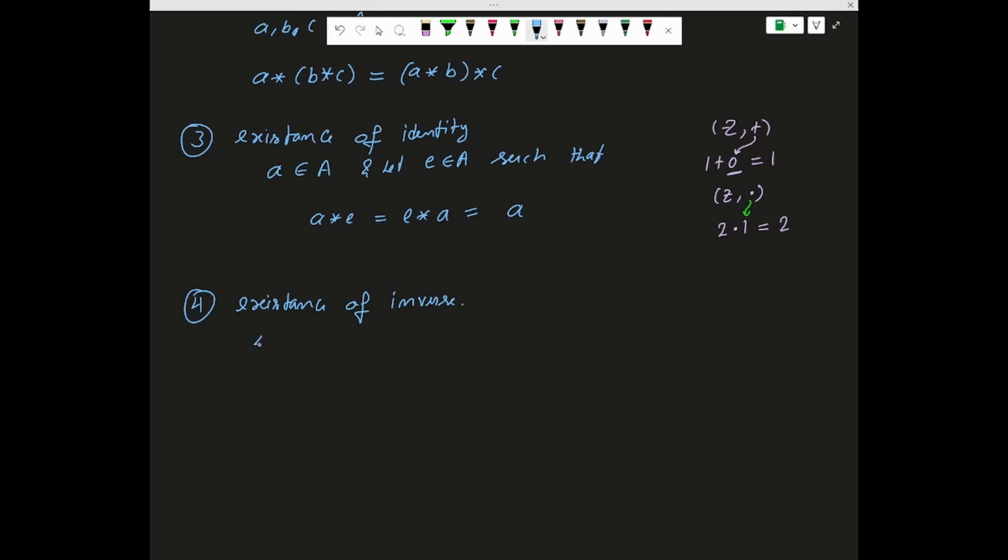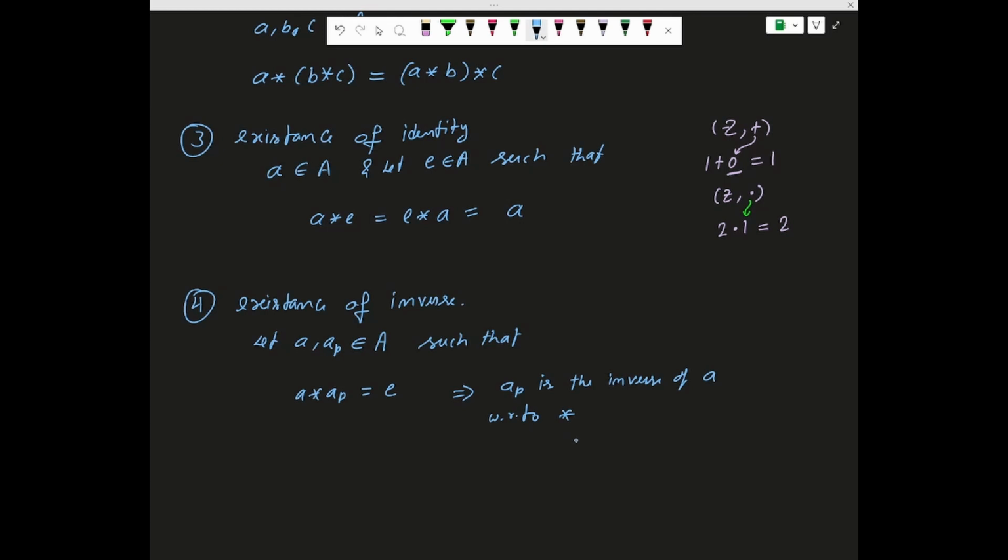So let we have A and some A prime, both belonging to our set, in such a way that when we are applying the operation on A and A prime, we get the identity element as the result. Then we say that A prime is the inverse of A with respect to the star operation.